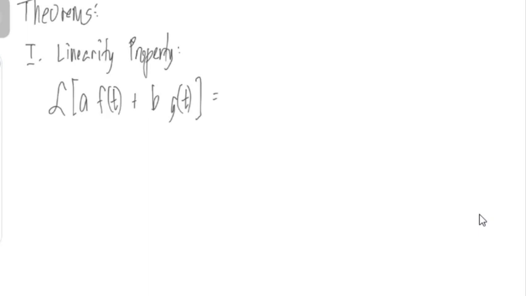Since A is a constant, pwede mo i-factor out. Then, factor out mo rin yung b. Then, Laplace transform of another function of t. That is known as linearity property.